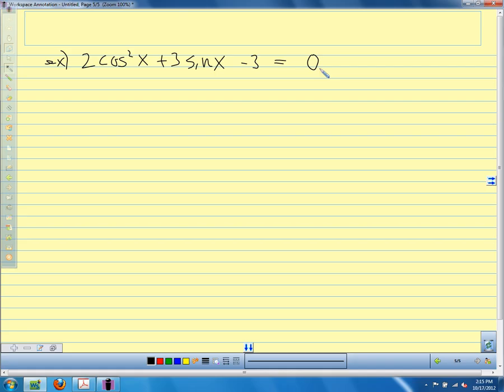Looking at this, is there something that you don't like about this one, other than its trigonometry? There are two different terms. We have a sine in one term and we have a cosine in another term. How could we fix that? What have we just been doing? What did we spend like half an hour doing?